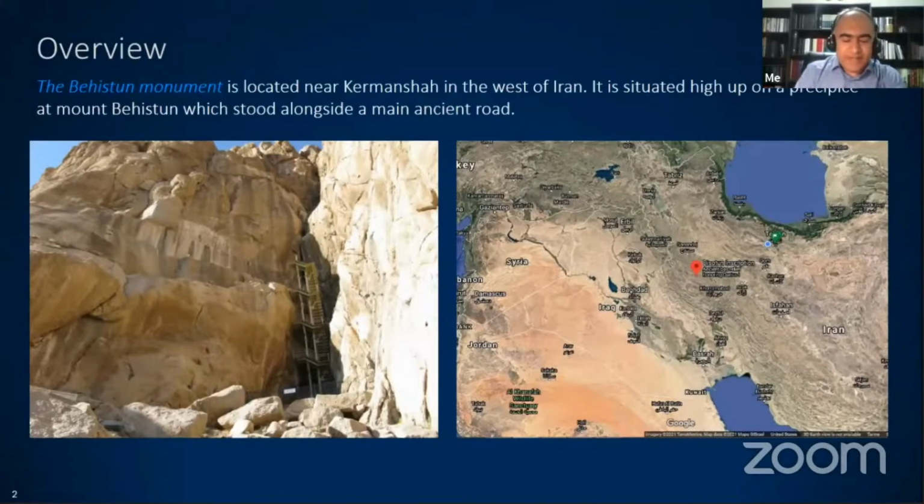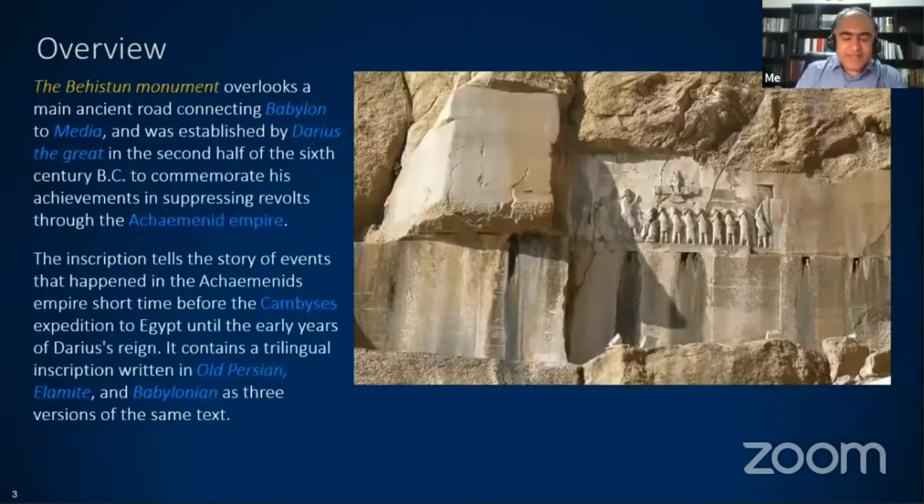The inscription has a reputation among Assyriologists for its major role in the decipherment of other cuneiform texts. It is a royal declaration of events that happened in the Achaemenid Empire a short time before Cambyses' expedition to Egypt and the victorious battles against rebellious kings shortly after his accession to the throne.